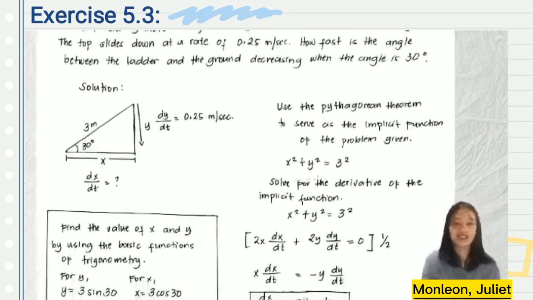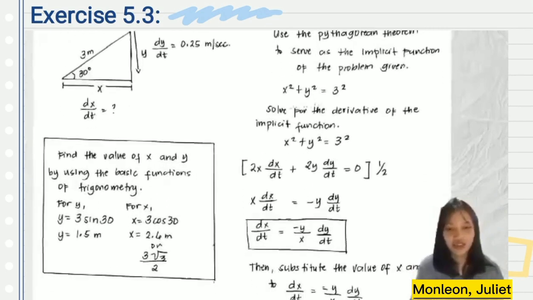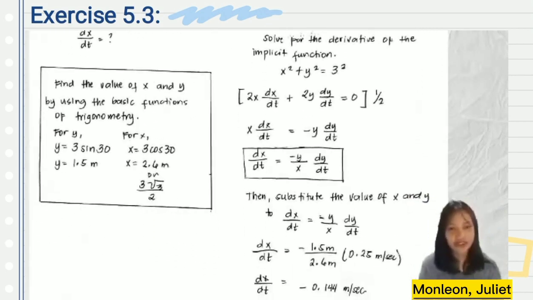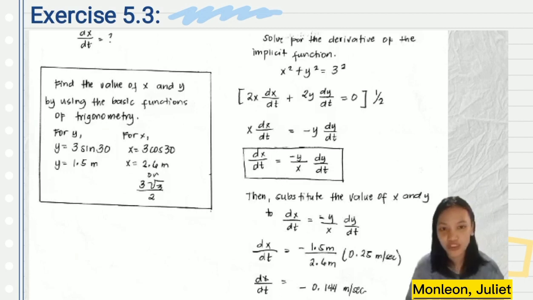So we now have the results, which is 2x times the derivative of x with respect to t plus 2y times the derivative of y with respect to t is equal to 0. We will multiply the whole equation by 1/2, so we cancel out the 2 in x and the 2 in y.